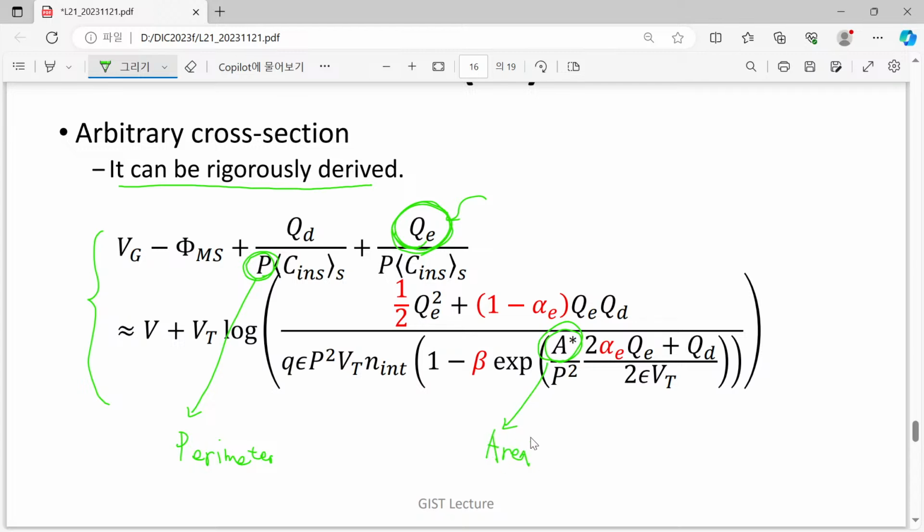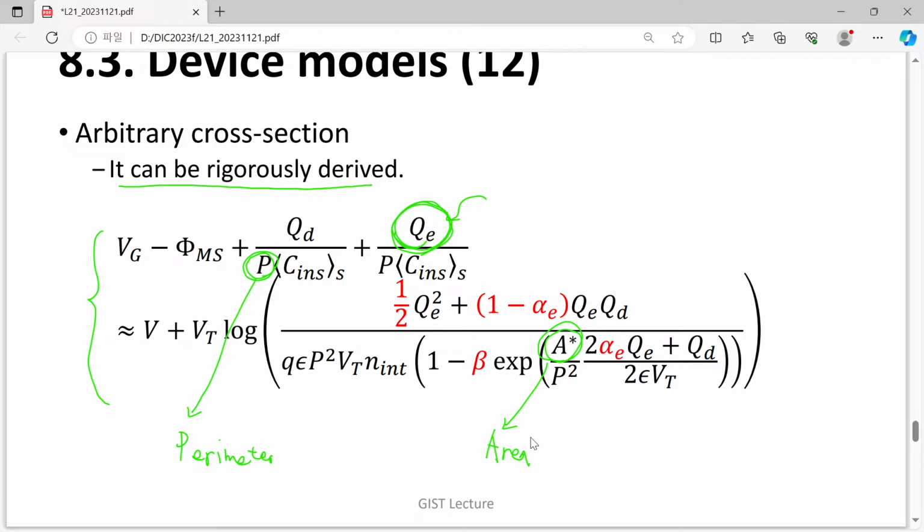Simply speaking, for any kind of complicated cross section, taking the perimeter and area, you will get a more or less close relation for your inversion charge density.